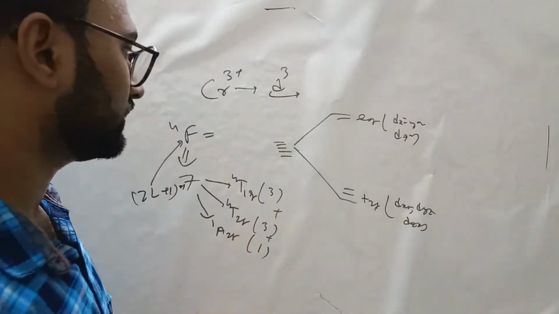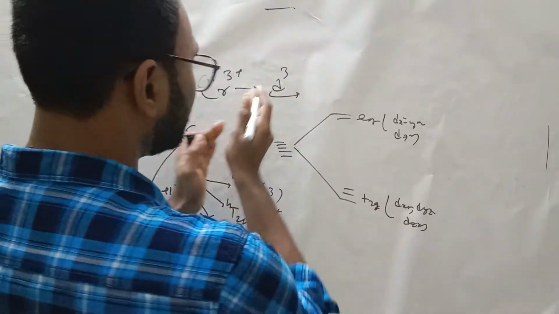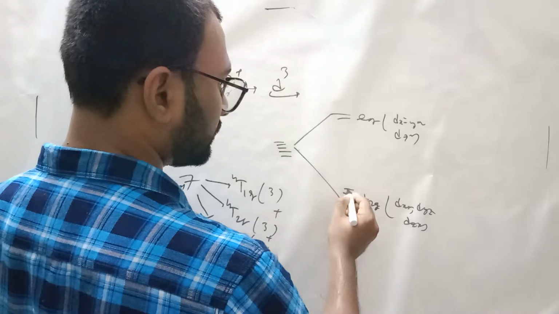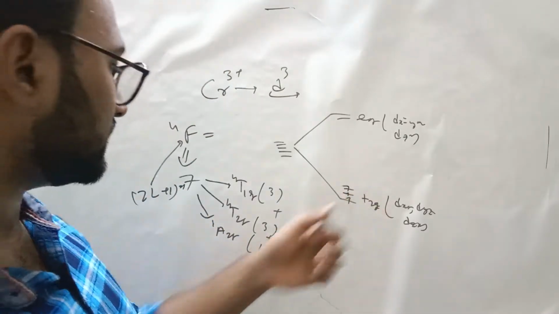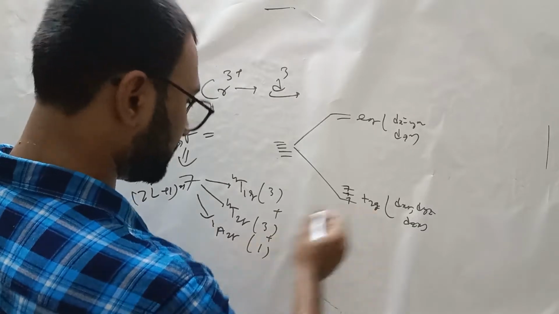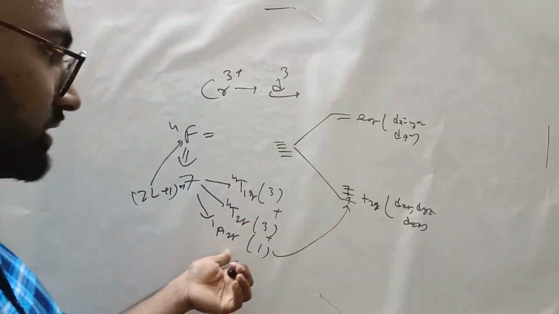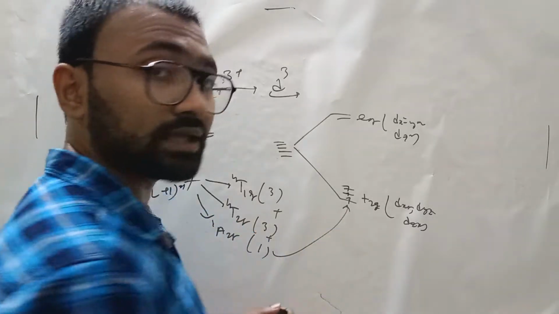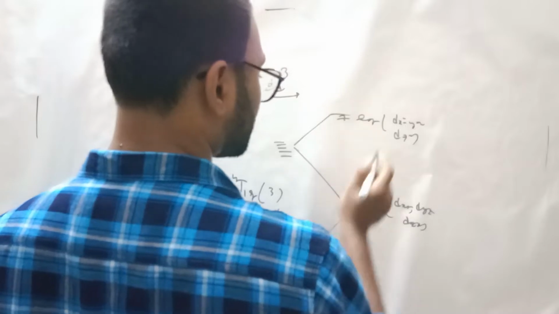Now when these splits occur, the first is the most stable form. This is t2g3, which is the only one configuration, so it is designated to the A2g term. Now there is another possibility, if one electron from here goes to here.